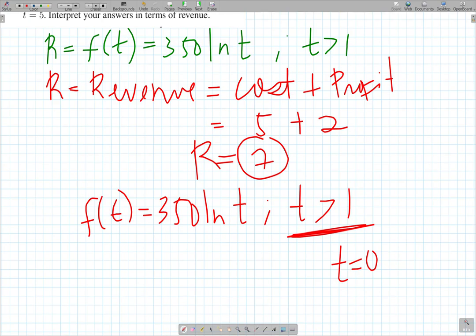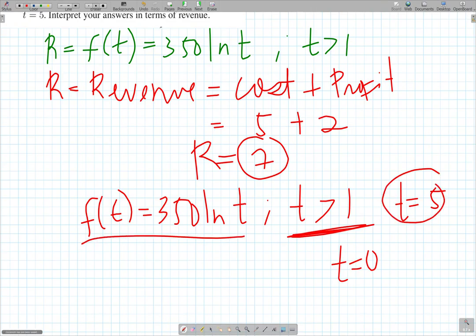So, if your T equals 5, then you can use this equation. Right? If your T is equal to 2, then you can also use this equation as long as your T is greater than 1. Alright?